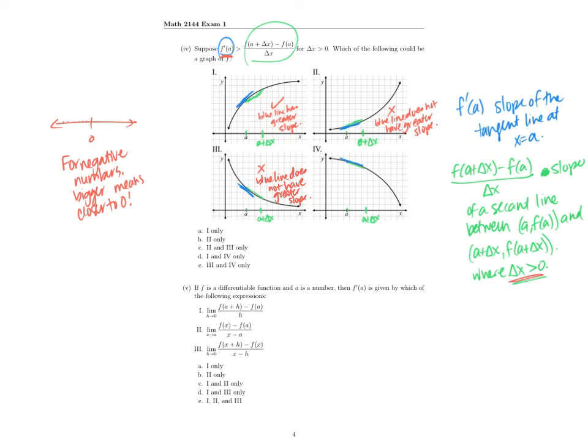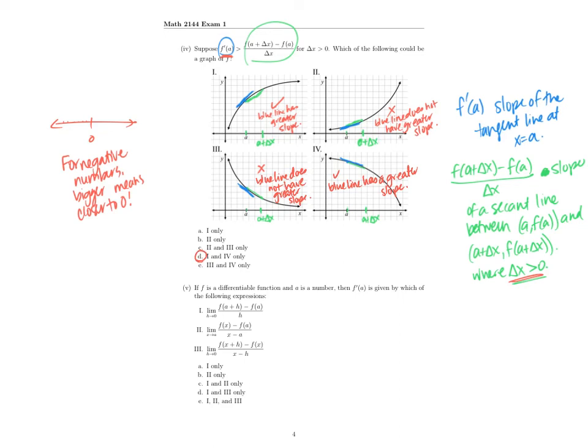In other words, the slope of that is closer to 0 than the green line. So this is true. The blue line has a greater slope, because for negative slopes, closer to 0 is greater. So the answers then are 1 and 4 only.